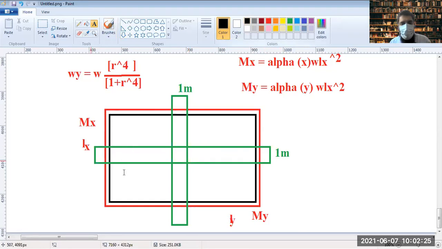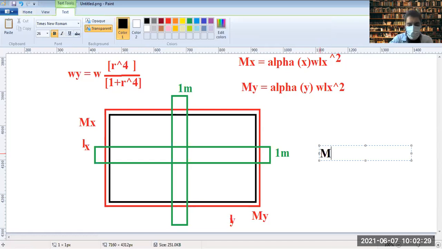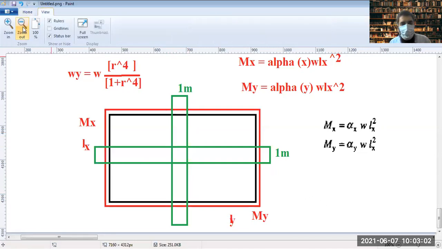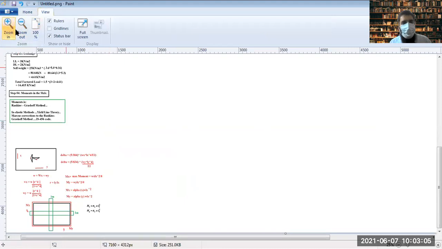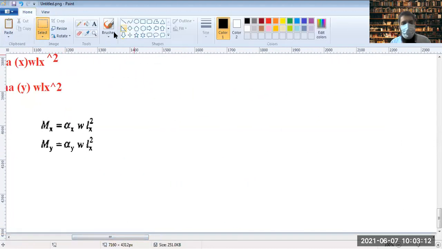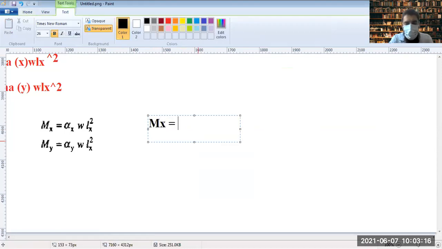Now, what would be Mx? It is alpha x, as you saw just now. Mx is alpha x into w l Lx squared.